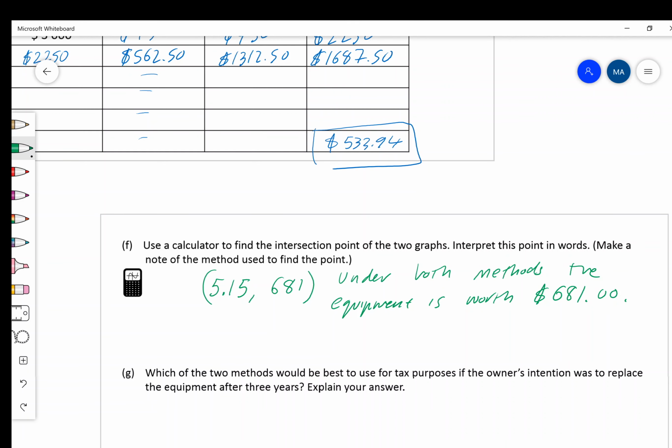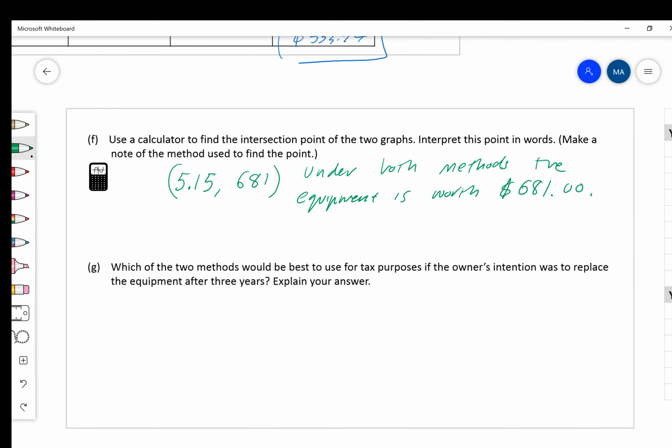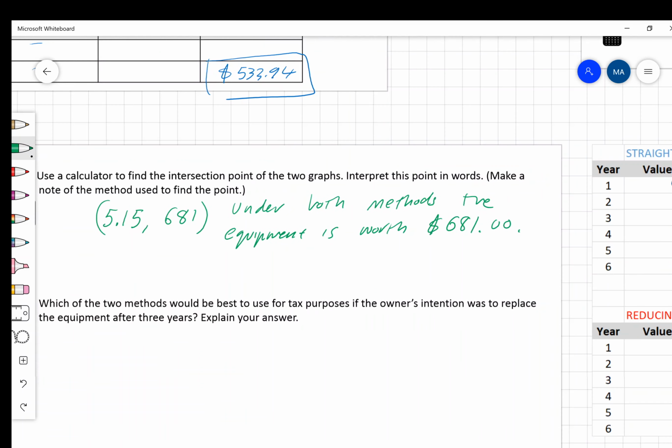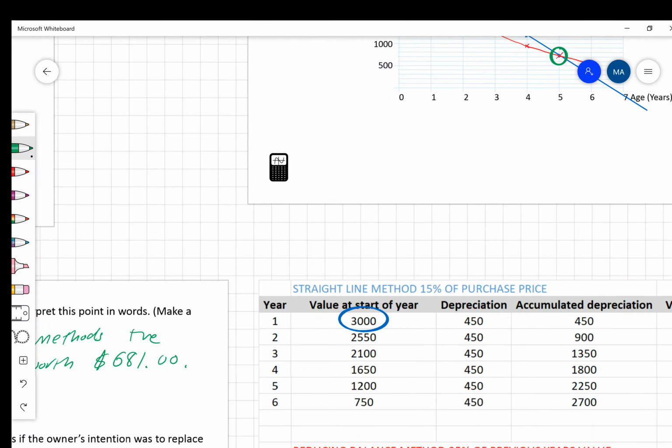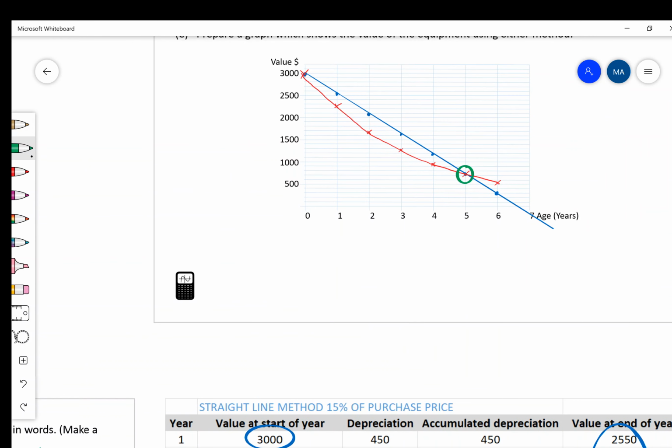Which of the two methods would be best for tax purposes if the owner's intention was to replace the equipment after 3 years? So if we look at our graph, we need to decide which one has the most depreciation. We actually want the most depreciation because more depreciation leads to a bigger tax claim.